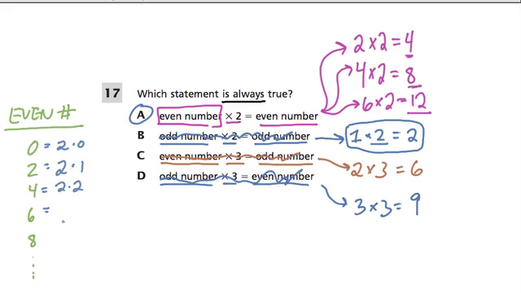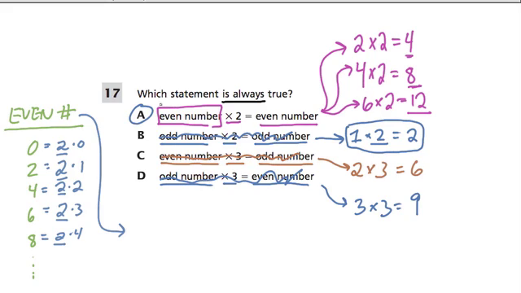And this keeps going, right? You notice here that 2 is always a factor of an even number. For example, 6. Well, 2 times 3 is 6. And for 8, 2 times 4 is 8. In fact, what an even number really is, is a number that's a multiple of 2. That's the definition of it.